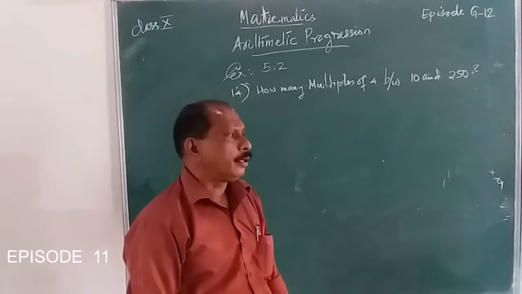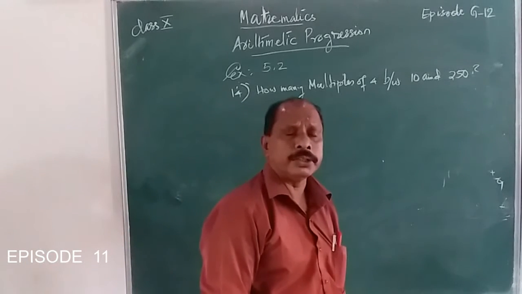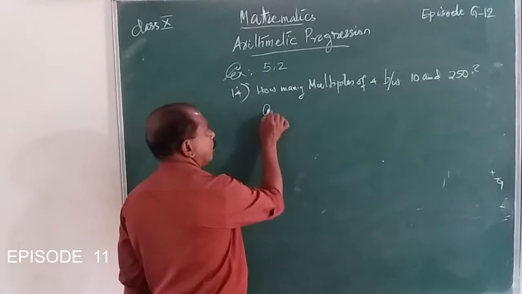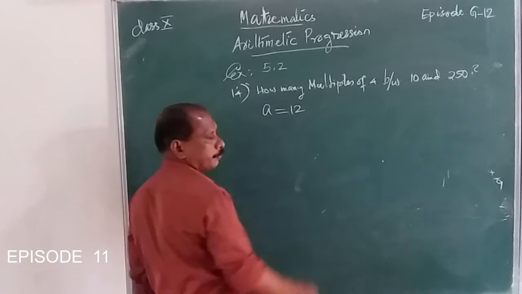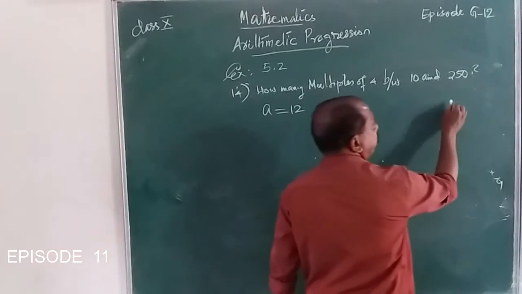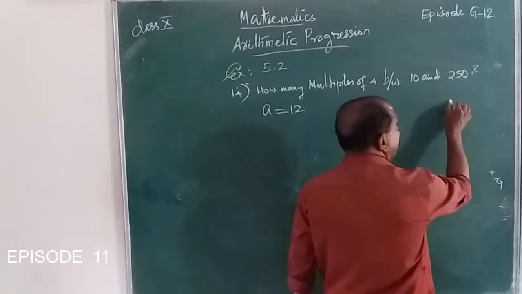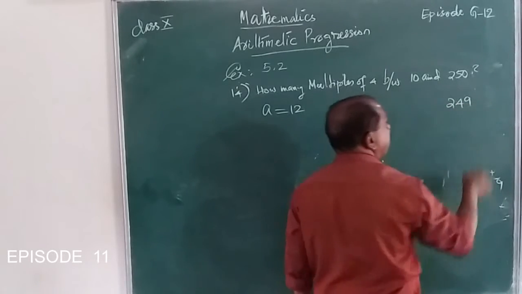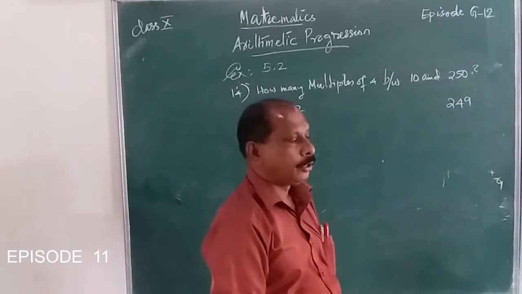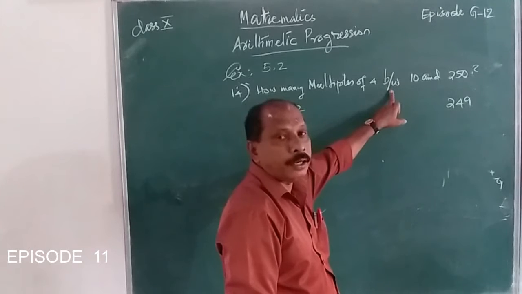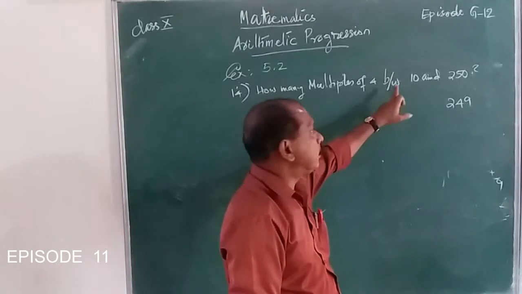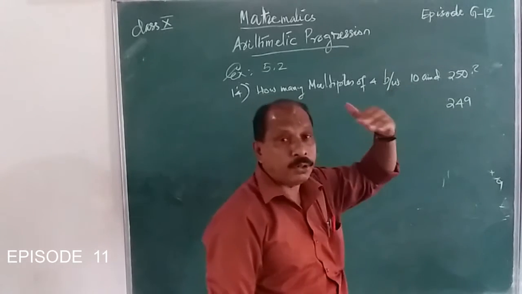After 10, the number divisible by 4 is 12. Therefore, A is equal to 12. Then 250 is not included. That is between. Therefore, 249 is the last number, not 250, because between 10 and 250 implies that 10 and 250 are not included.